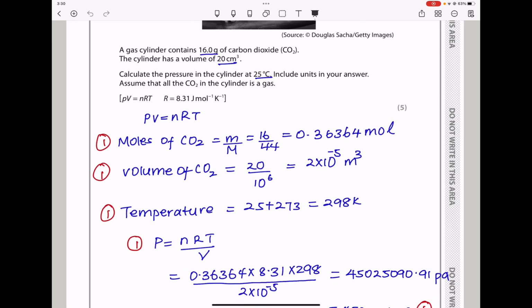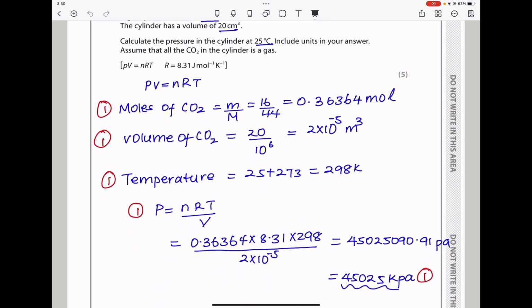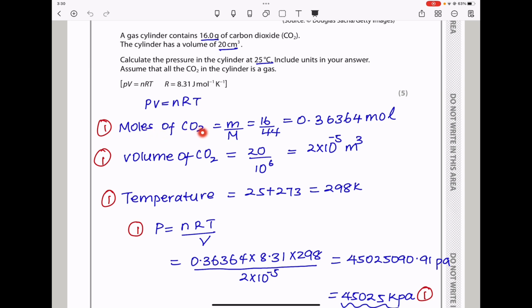So they've given us PV is equal to nRT and the R value is also given. Remember we're calculating P, so P should equal nRT over V. The number of moles of carbon dioxide should be the mass divided by the molar mass, which is 44, giving us that.